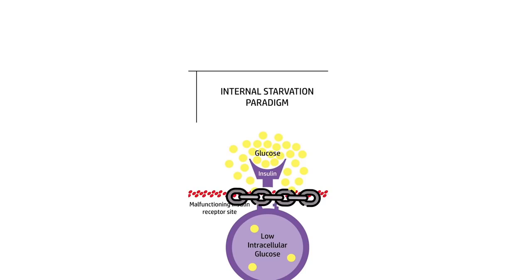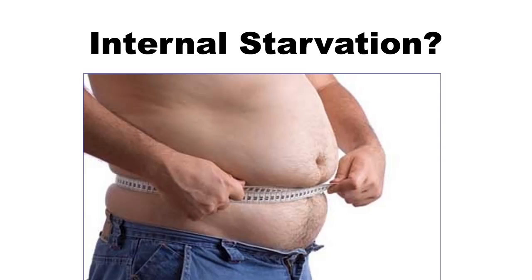However, there's a problem with this internal starvation paradigm. If you think about low intracellular glucose and type 2 diabetes, well, type 2 diabetes is a disease where there's a lot of insulin resistance, so there should be very low levels of glucose inside the cell. So people should be very, very skinny because of this internal starvation.